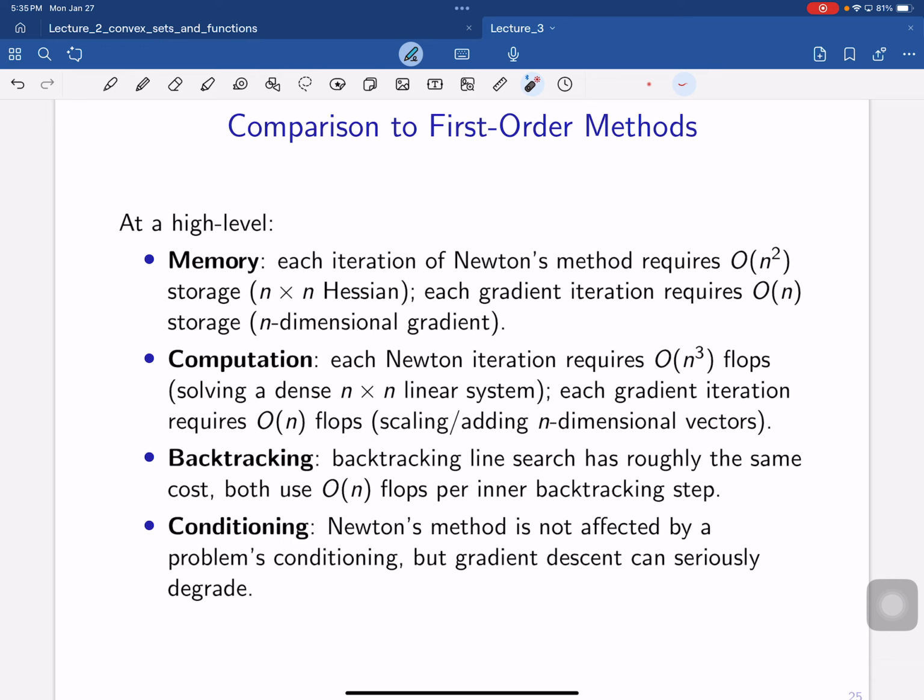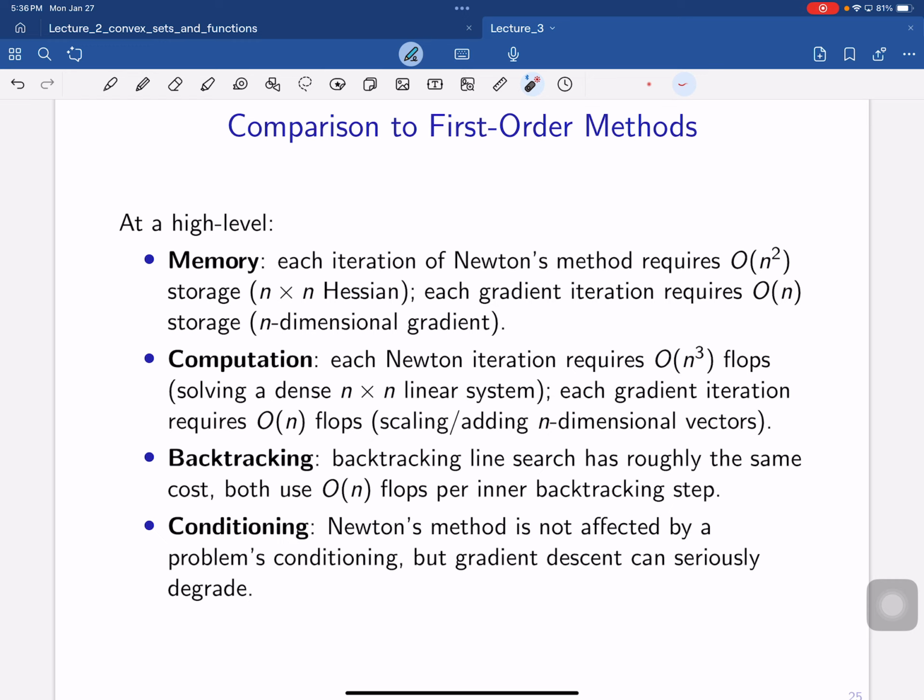Okay. So when do you use a first order method? When do you use a second order method? It is very clear if you evaluate the problem on a per iteration basis, Newton's method is much more expensive. It's O(n cubed), and the memory is O(n squared). And a first order method is O(n) on both memory and computation.